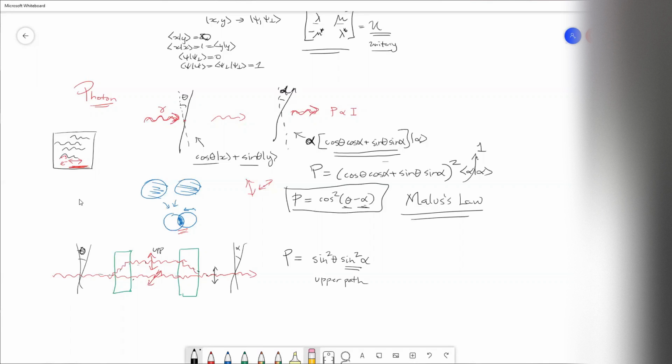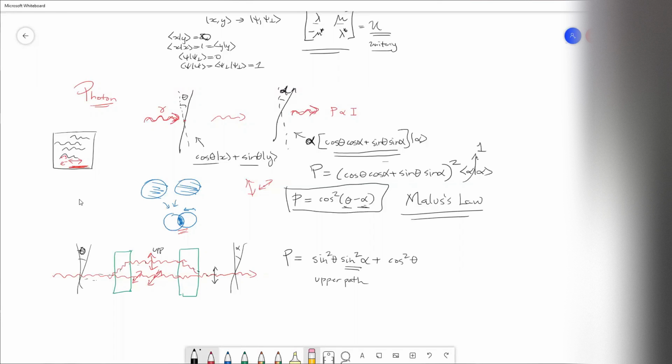And then you would think that a mutually exclusive option is that a photon comes out of here and goes along the bottom path where it has the polarization in the x direction. And there, the chance that you come out of here with an x polarization to begin with must be cosine squared theta.